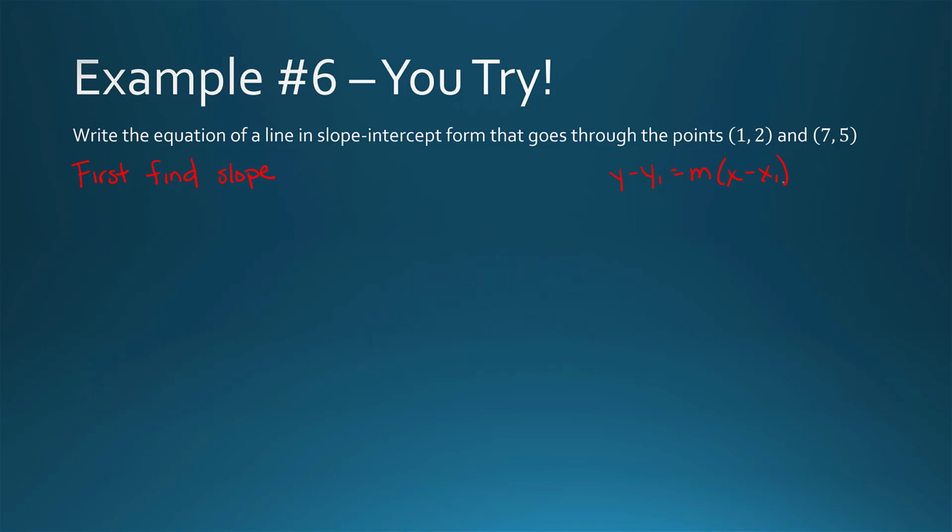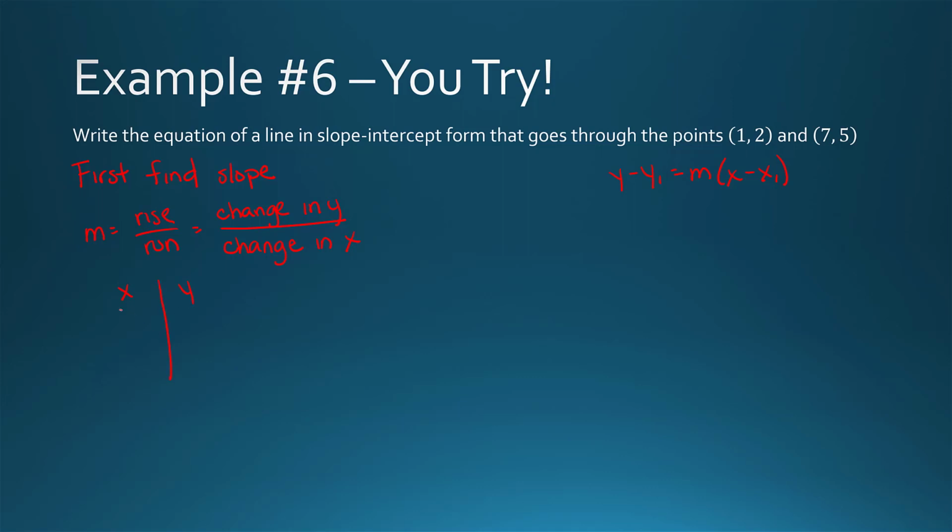Okay, so we're looking for slope. So to find our slope, it's the rise over run. And as we've talked about, that's the change in our y values over the change in the x values, or the difference in the two.